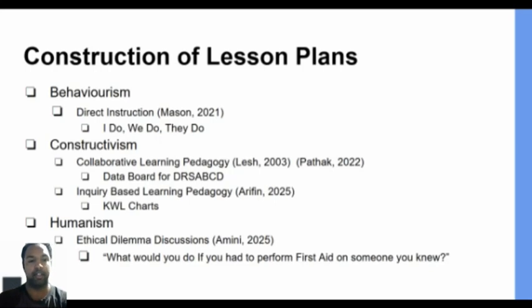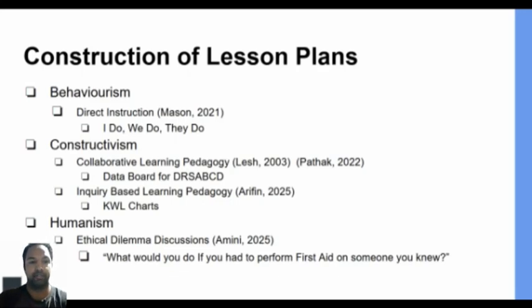Leish's 2003 study found that students demonstrate greater understanding when they work together and share ideas. Through the sharing of information, students are exposed to different perspectives while also sharing their own understanding. By having the students fill out KWL charts throughout the unit, this supported an inquiry-based learning approach.